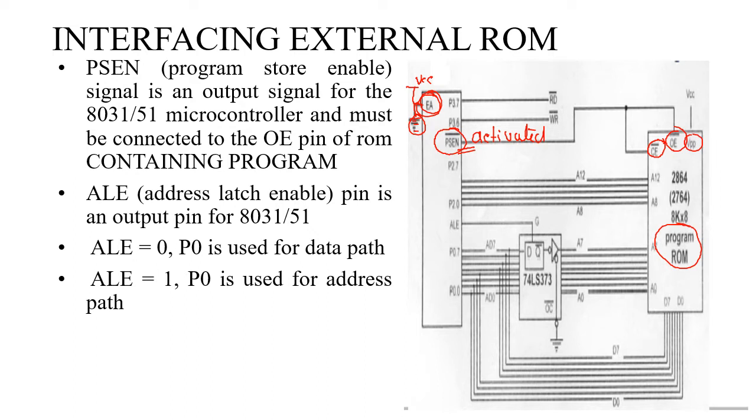The output enable is used to read the data present in the program ROM, and the chip enable pin is used whenever we have multiple ROM or RAM.